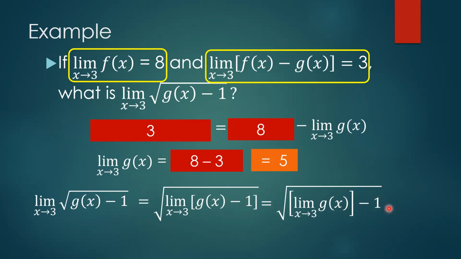In this case, the constant kasi is 1. Okay, parang pwede mo siyang i-distribute within a difference. No? So, this one, nakita natin na equal yun sa 5 from this previous solution. So, we can replace this part by 5. So, we have 5 minus 1, which is 4. Square root of 4 will be equal to 2. So, that's it. That answers the problem, the question that was posted here.